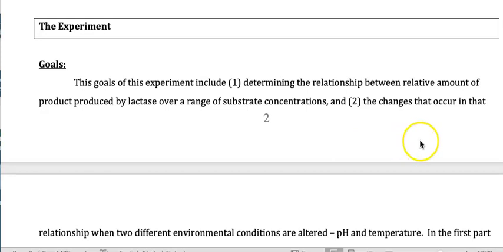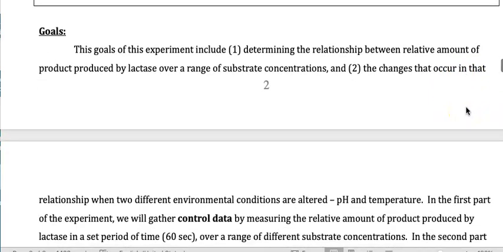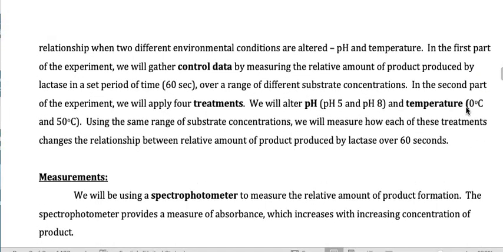The second goal for the experiment is to look at the changes that occur when we alter the environmental conditions and basically repeat the experiment. Put different amounts of ONPG substrate into the tube with the lactase enzyme and see how much product gets made at a particular interval of time.